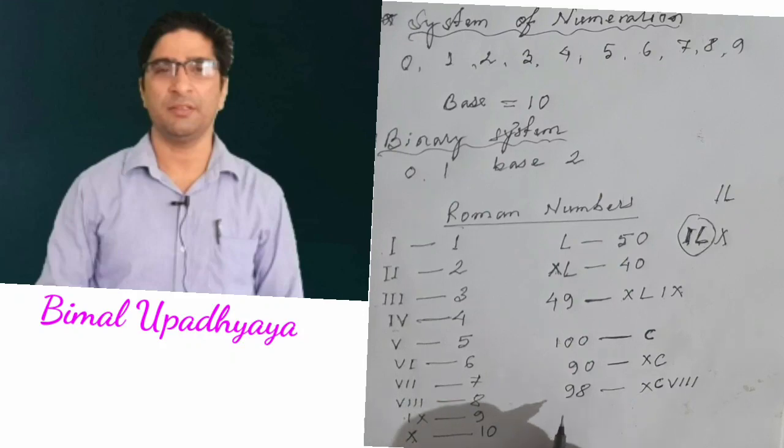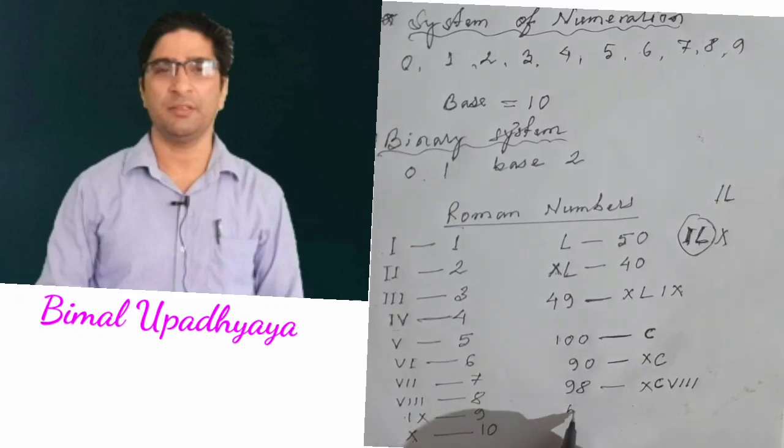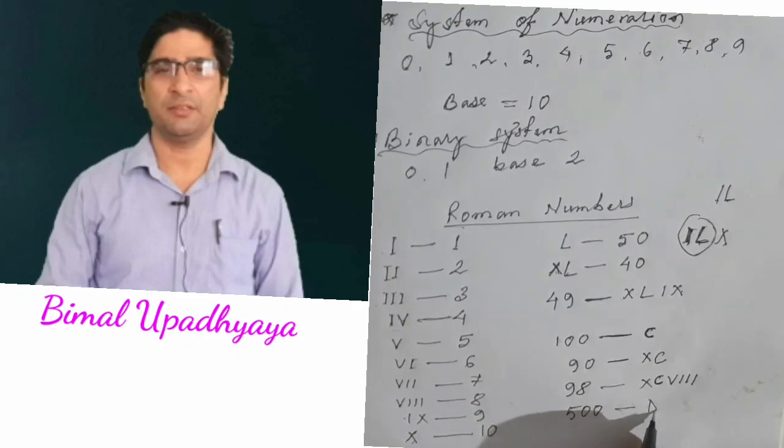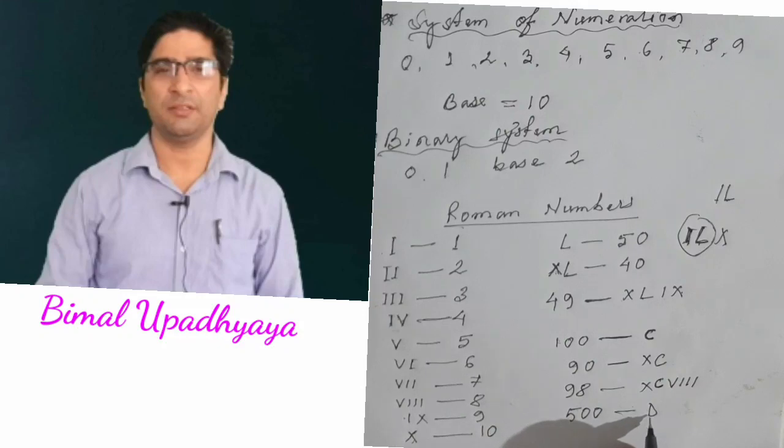Now some much bigger numbers. 500 is D. C is 100 and D is 500. Now how can I write 549?